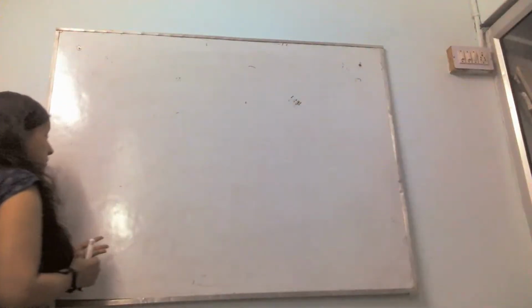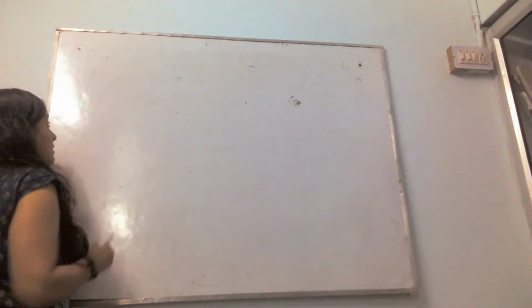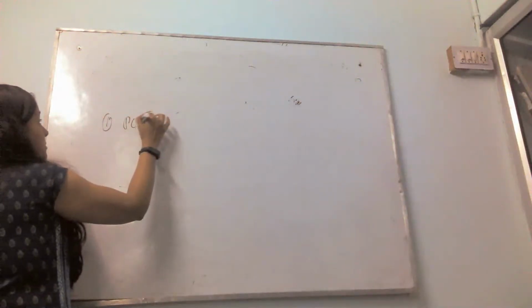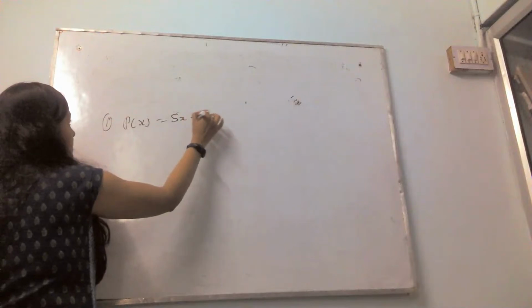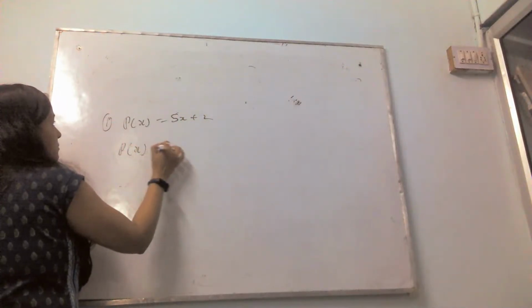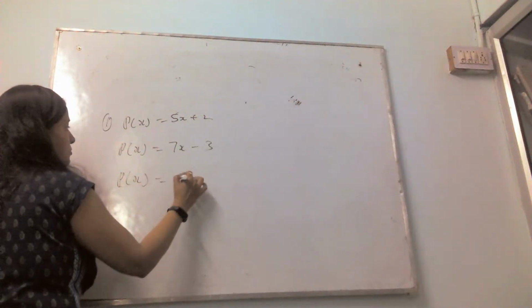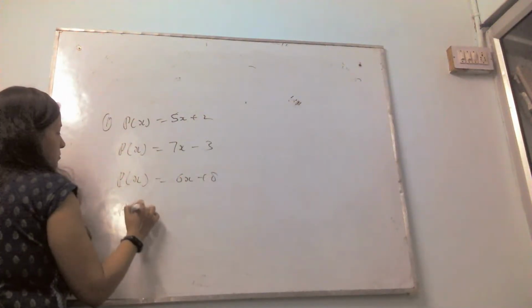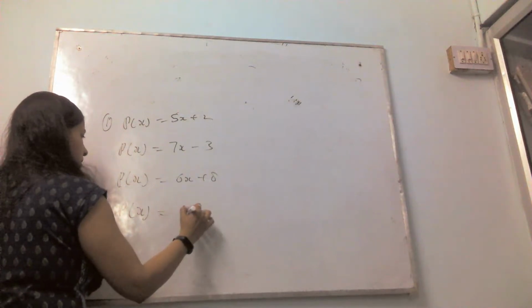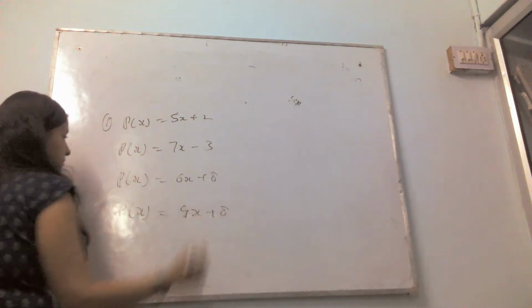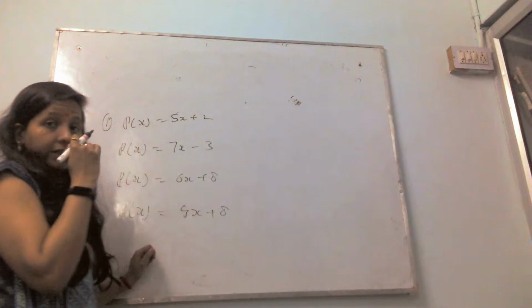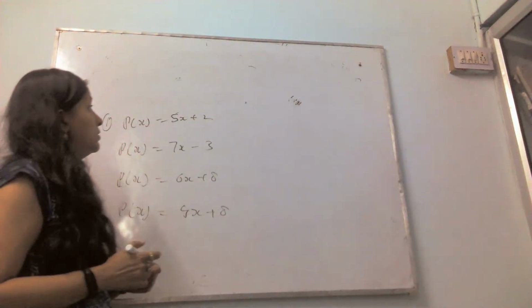P(x) equals 5x plus 2, p(x) equals 7x minus 3, p(x) equals 6x plus 8, p(x) equals 9x plus 5, 8. You have to find the zero of the polynomial.